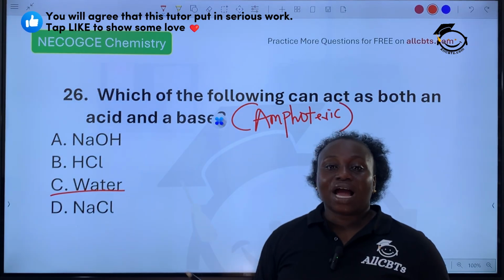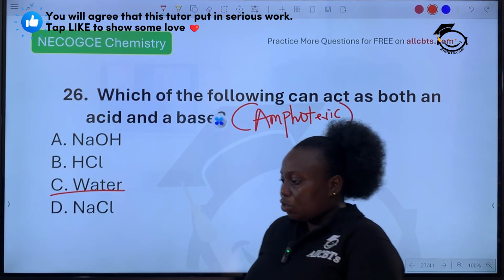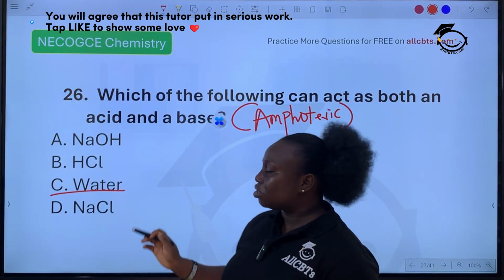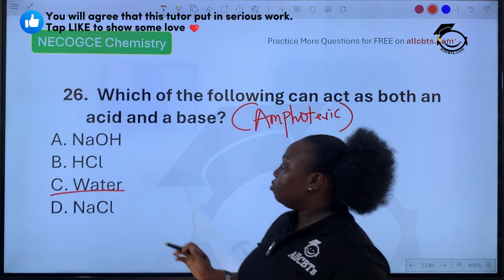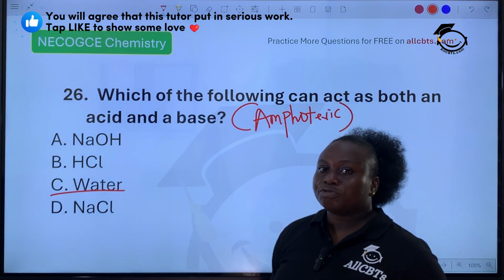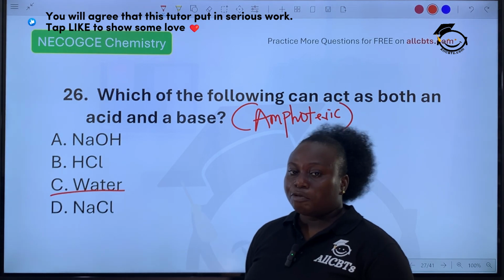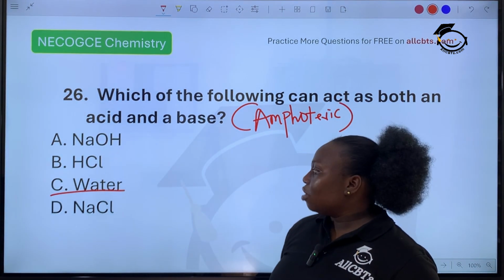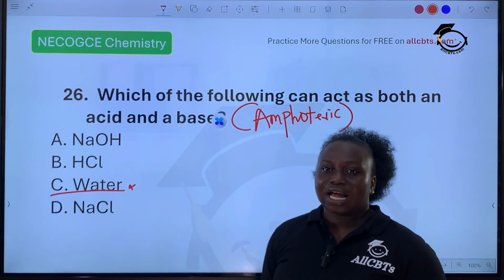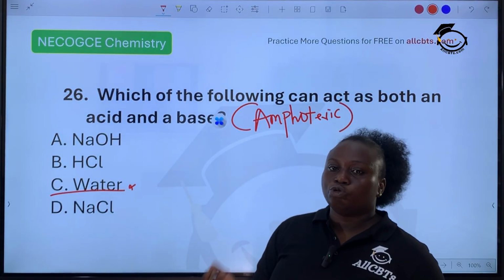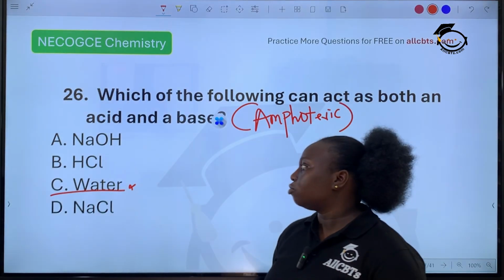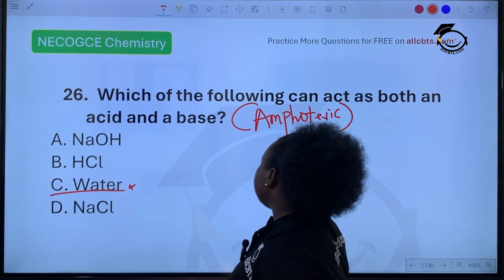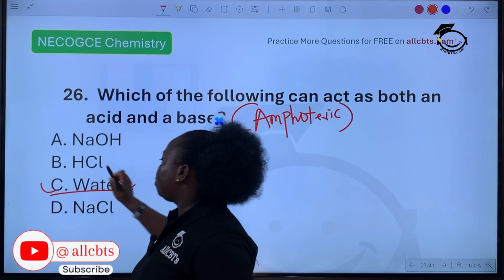According to Bronsted-Lowry, an acid is one that donates, while a base is one that accepts. Water can do both: it can accept and it can also donate hydrogen ions. Because of that, water is amphoteric.